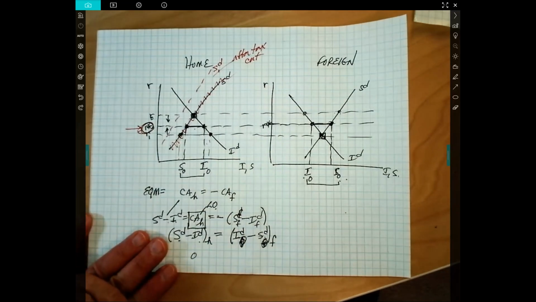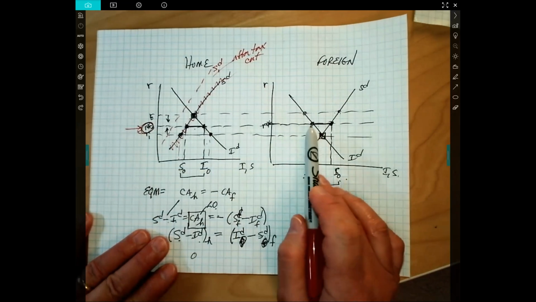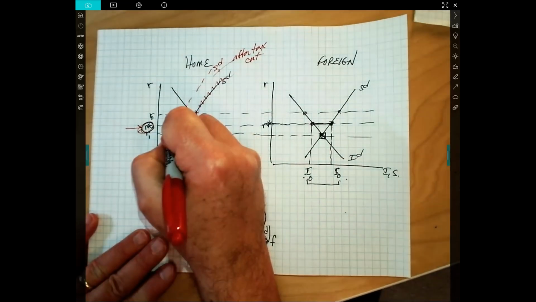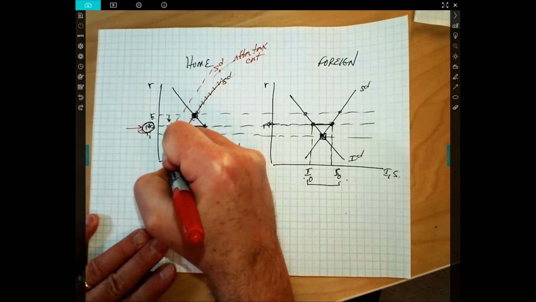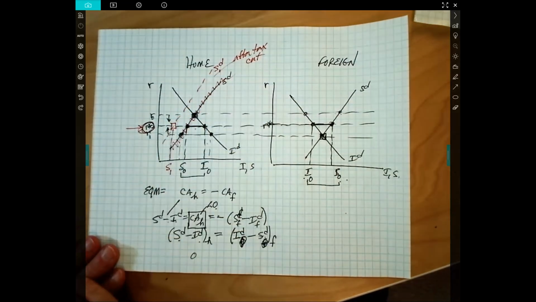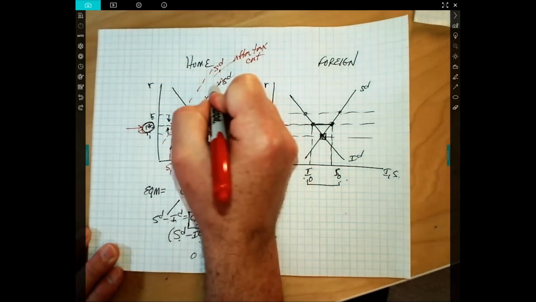It used to be the case that saving minus investment was equal to investment minus saving in the other country. Is that still the case? No, because now this is the desired saving curve. If interest rates didn't change, that's the level of saving. That's what it means to shift to the left.